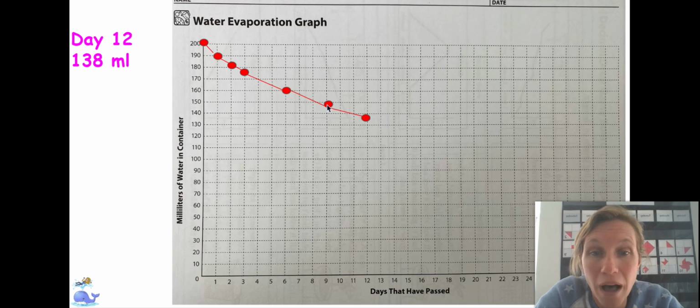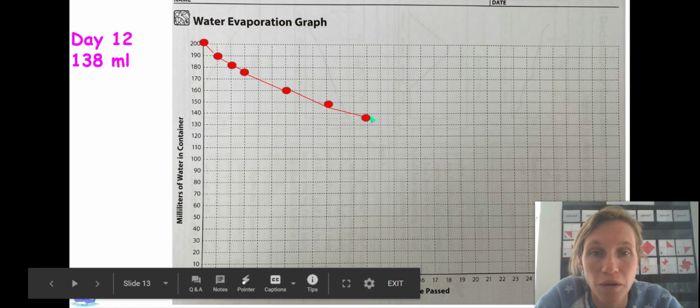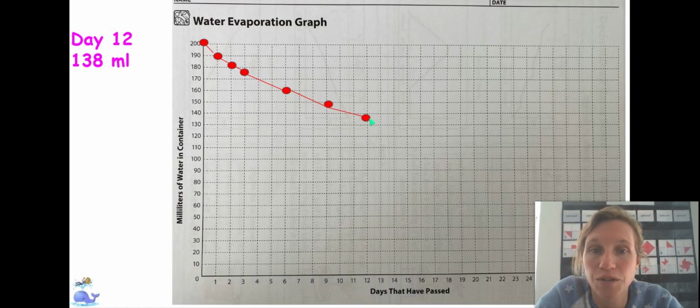All the way to day 12, again, I put my dot lined up with day 12, and I also made sure that it intersected with 138 mL, so I put my dot right below the 140 line. I connected my dots, and that told me really that on day 9, the water level was approximately somewhere around 143 mLs, and then on day 10, day 11, it passed through about 140 mLs.